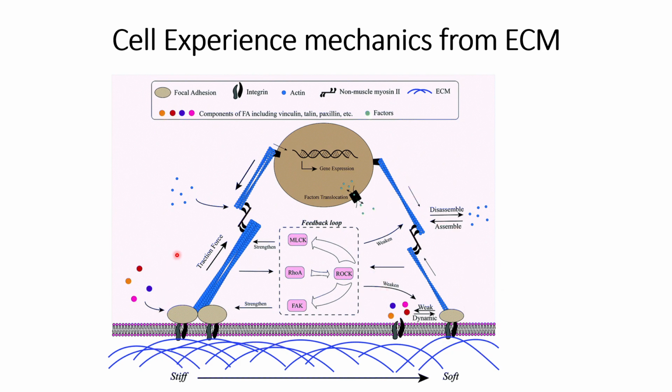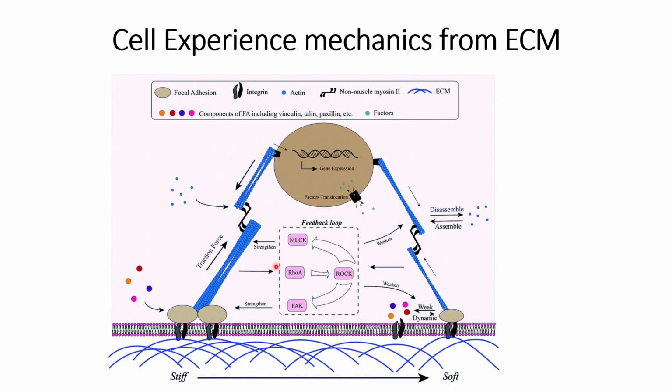So when the ECM is stiff, focal adhesion bonds are formed, and because of this the adhesion formations are also strengthened through feedback loop pathways.